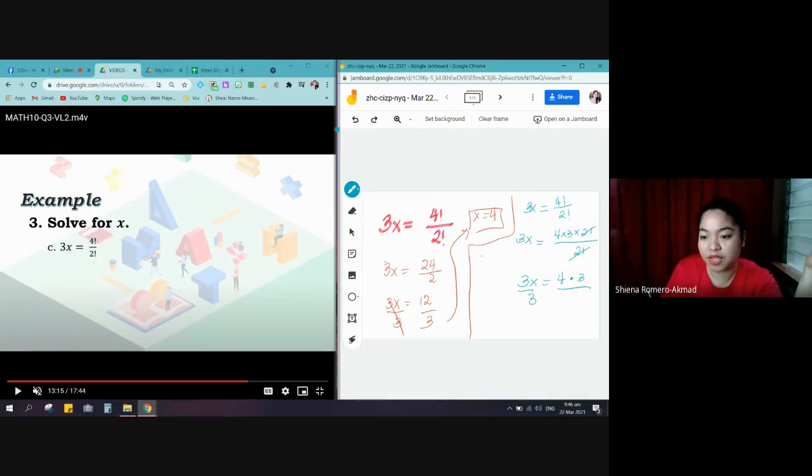So, pwede natin i-cancel yan. So, x is equal to 4. Pwede ito, depende sa kung ano yung mas madali sa inyo. Pero I will suggest this kung medyo malalaki na yung numbers. Okay?